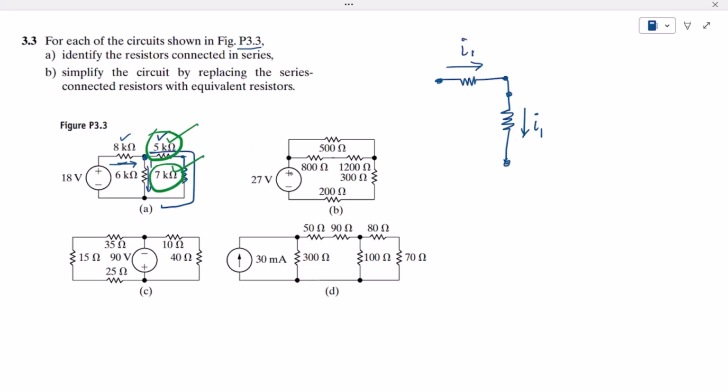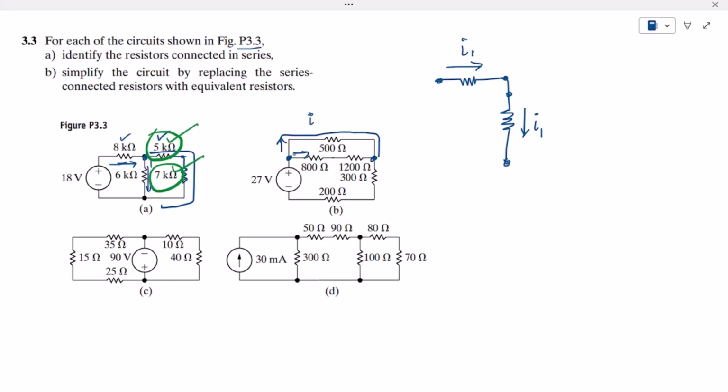P3.3b we can see that here this is the source, the current will be divided here through this one and this one. Okay, we can see that this current will be flowing through this 500 and will come back here. So the same current which is here is not flowing through the other resistors as well.